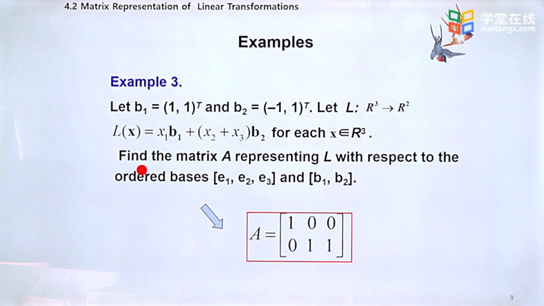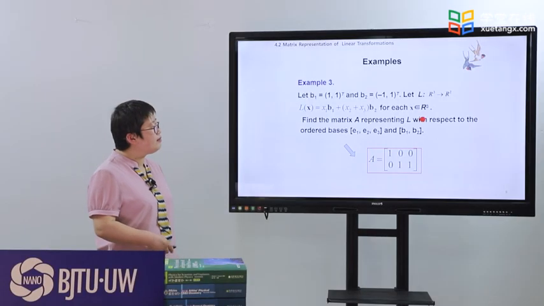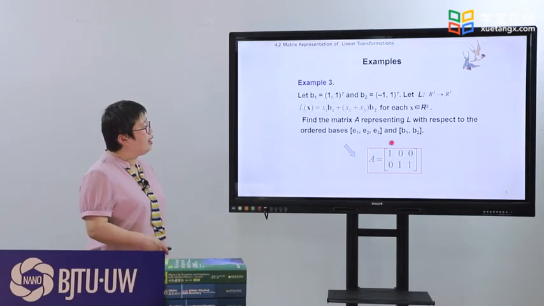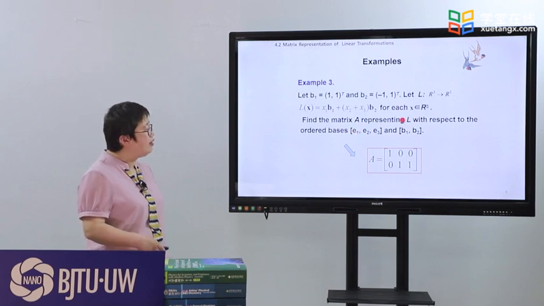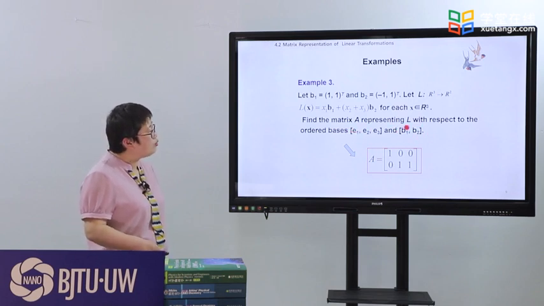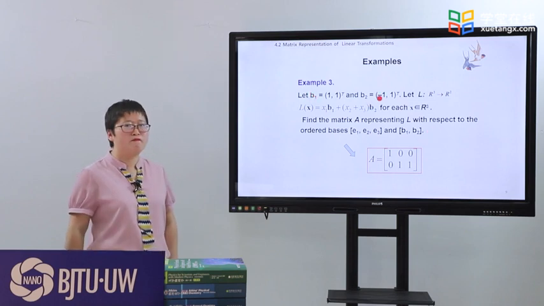Find the matrix A representing L with respect to the ordered bases E1 to E3 and B1, B2. This means for the original R3 space the basis is E1 to E3, and for the R2 space we use the basis B1 and B2.